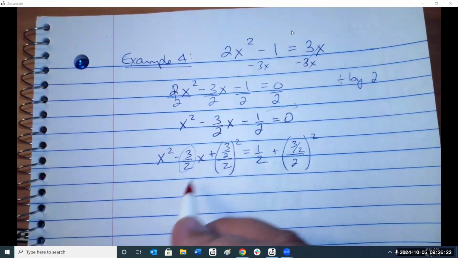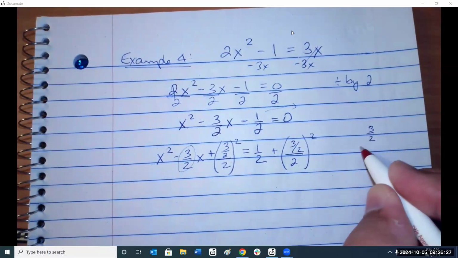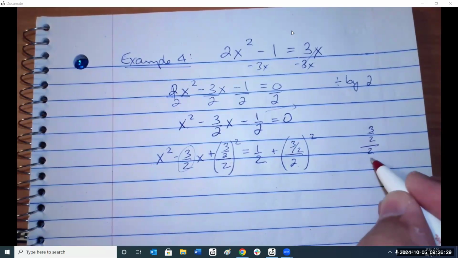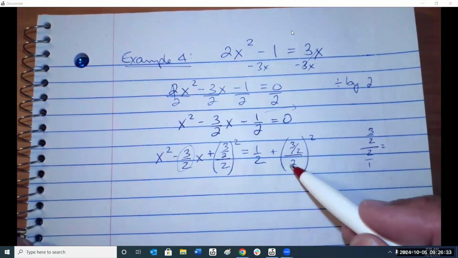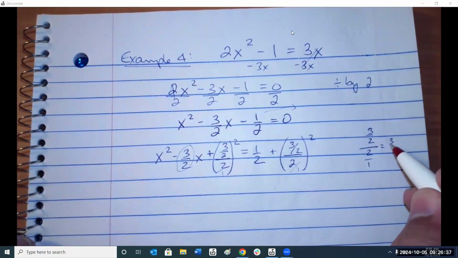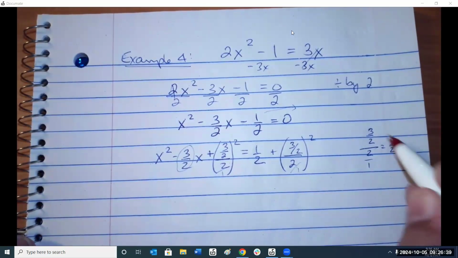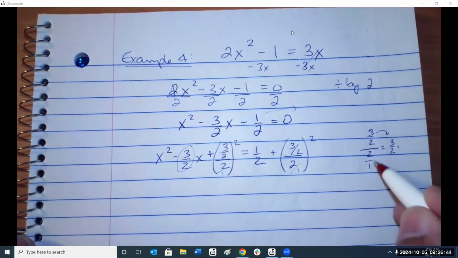Right, so let's look what happens here. We have a fraction over 2, which is 2 over 1. So we have a fraction over a fraction. Take the top fraction, leave it alone, and multiply it by the flip of the bottom.